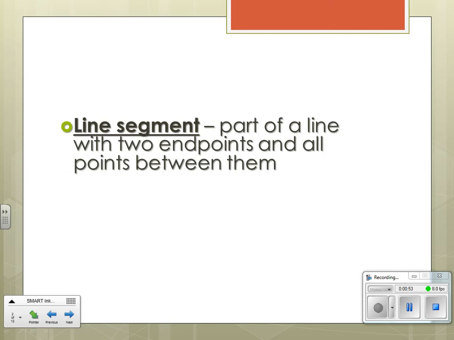Like Austin just said, I can't measure an actual line because it's infinite, but I can measure something called a line segment that's part of a line. It's got 2 endpoints, and then all the points that are in between those.